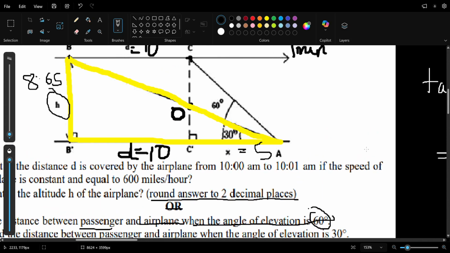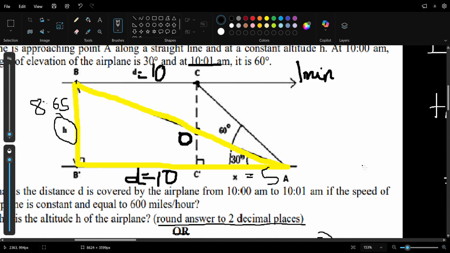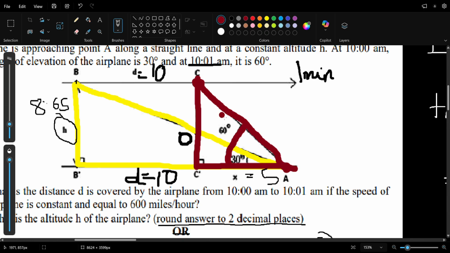So basically the airplane is over here, and this is the passenger, the passenger is over here. If the angle of elevation is 60, then in this triangle you have to take the angle equal to 60, then what is the distance?